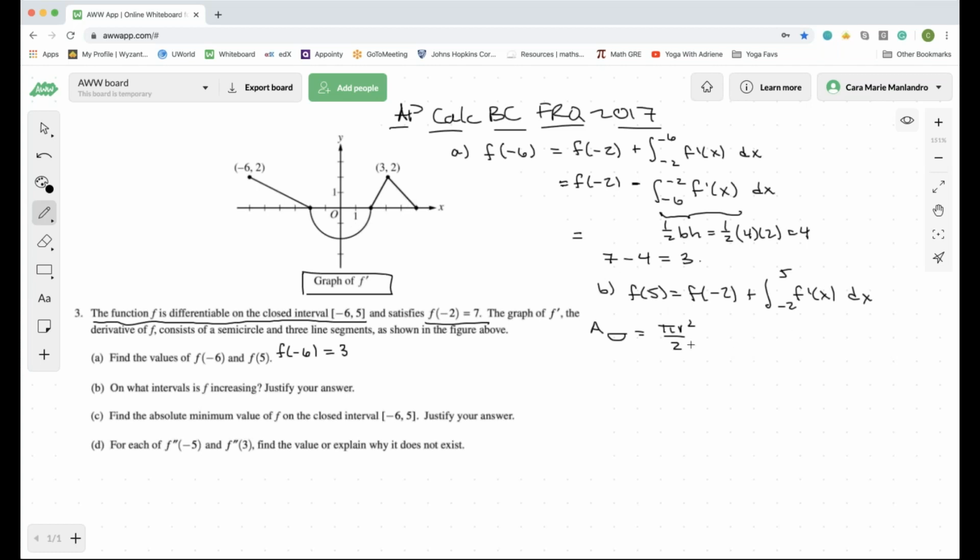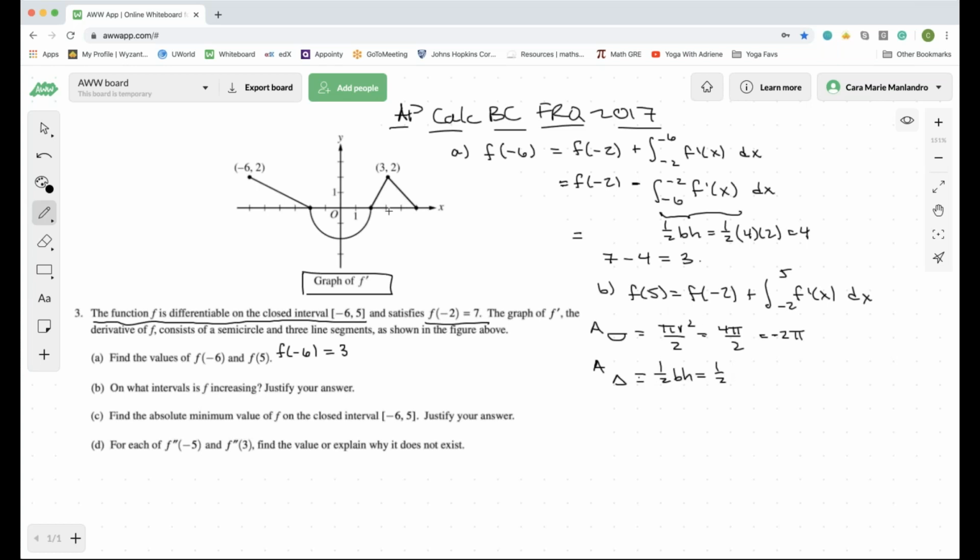What's the radius of that circle? Looks like 2 to me, right? So 4 pi over 2, which is 2 pi. Not totally correct because it's below the axis, so I'm going to put a negative sign in there. Then I need the area of the triangle from 2 to 5. That again would be 1/2 base times height.